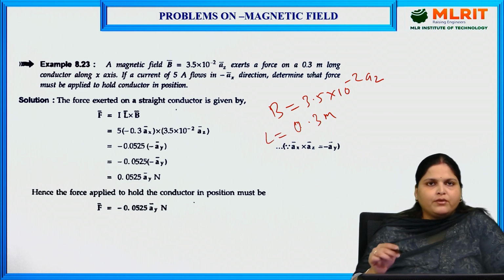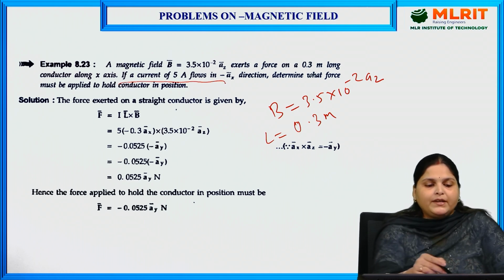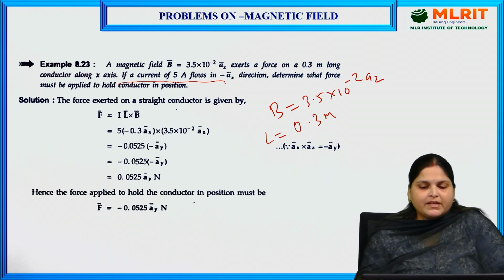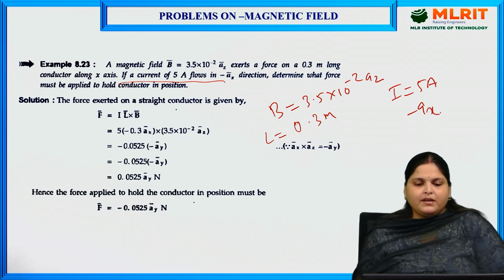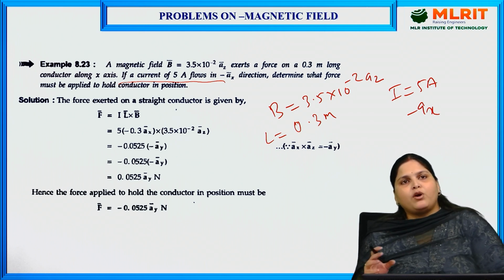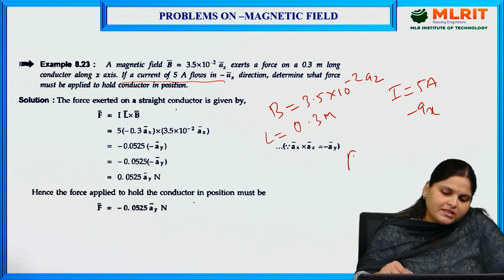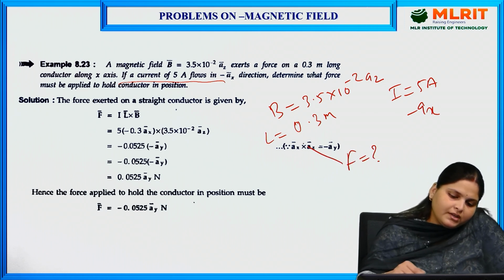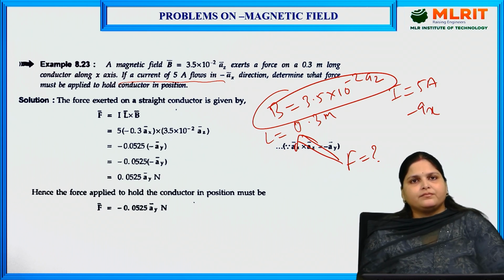This is the length of the conductor, and a current of 5 ampere flows in the negative ax direction, right? We need to determine what force must be applied to hold the conductor in that position. So basically we need to find the force on this conductor due to this field, right?